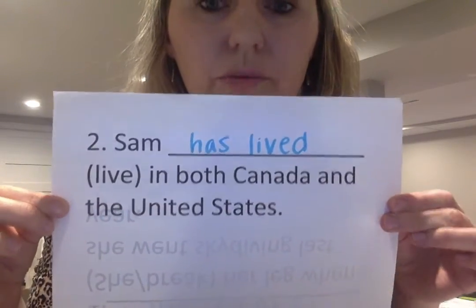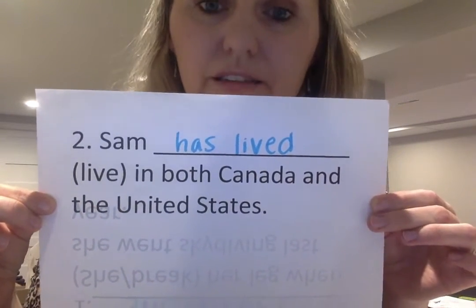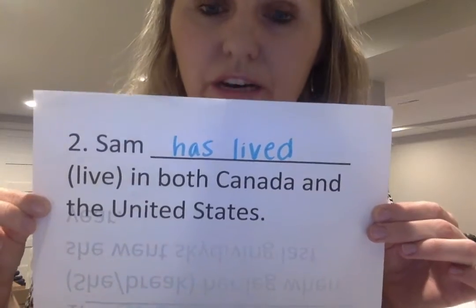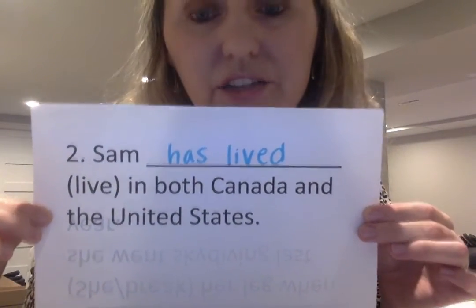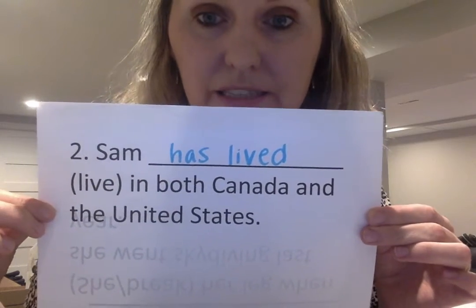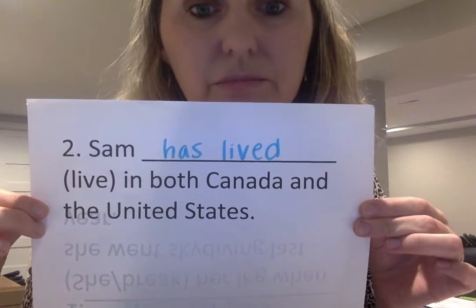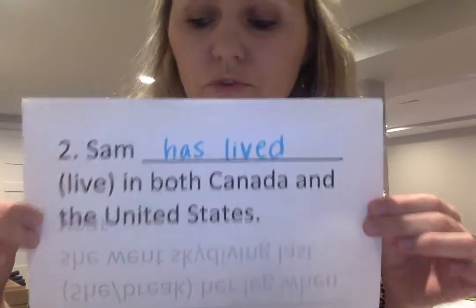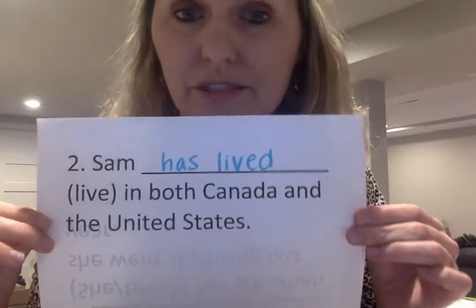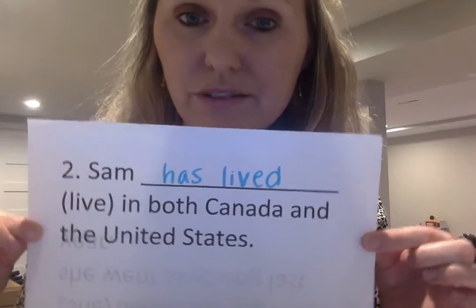Now, this only works if Sam is still living in either Canada or the United States. If he no longer lives in either, we might actually be able to use the simple past. So we could say Sam lived in Canada and the United States. So that's kind of the difference with this one. This one's a bit tricky. You can use either.